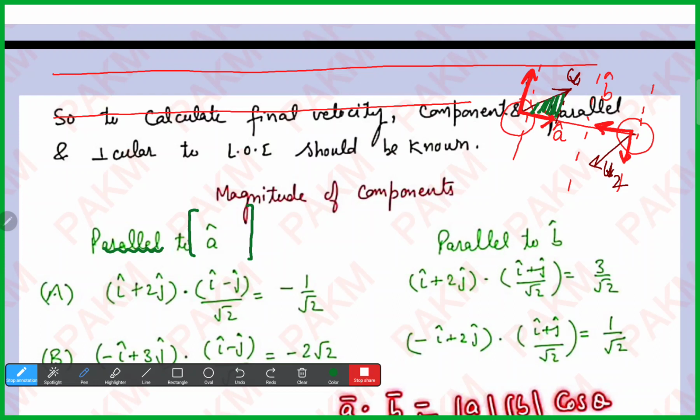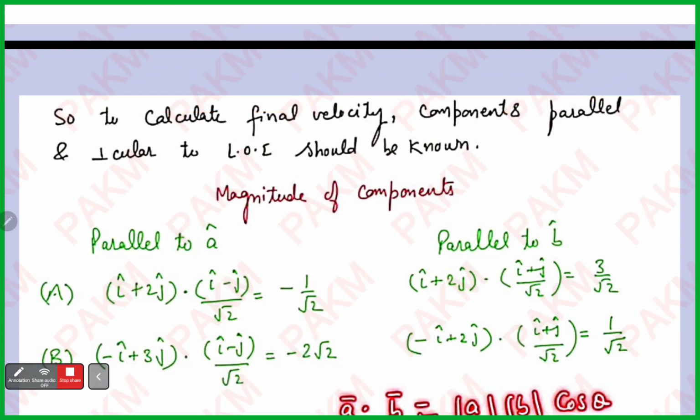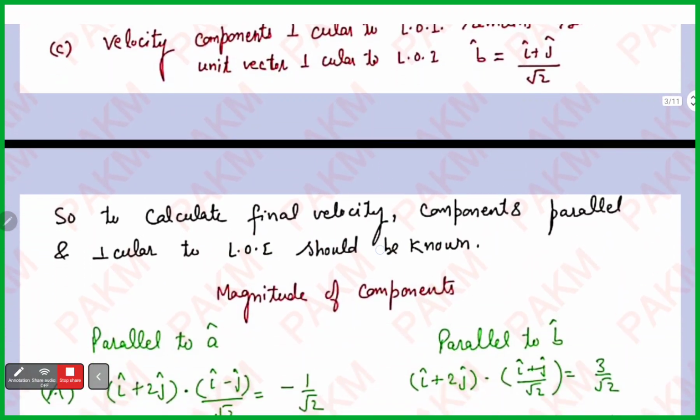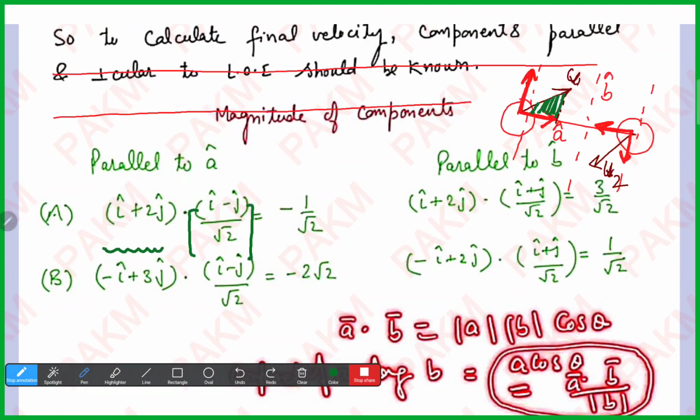Fine. Now along the line of impact. So the line of impact, I thought it is given. We have calculated the vector B, and here you can check this is vector B. Fine.